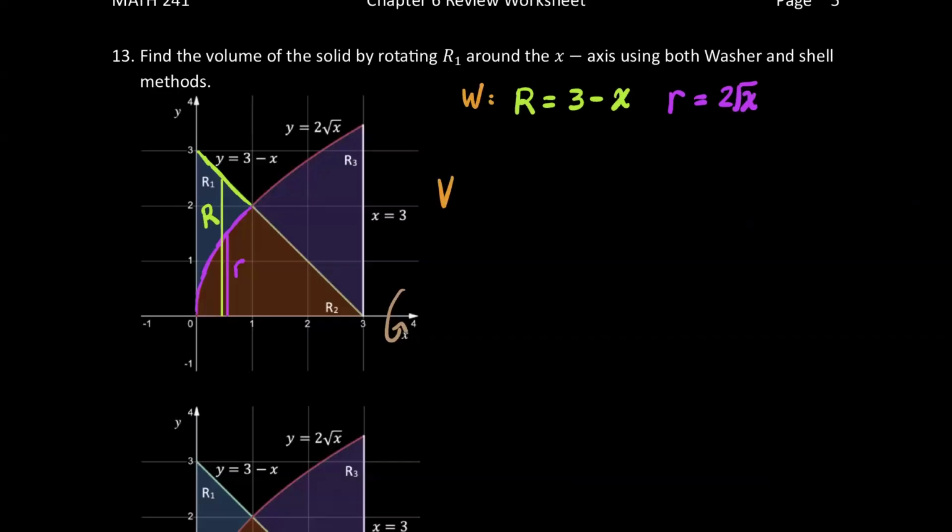And the volume will go from left to right, pi times. So remember, it's disk method twice, right? The bigger volume minus the smaller volume. So that's the big R squared minus the little r squared.